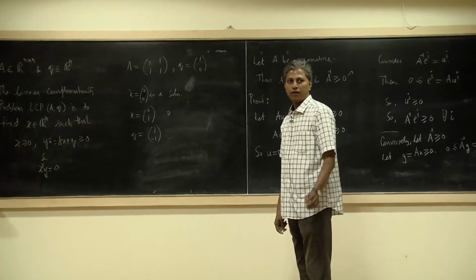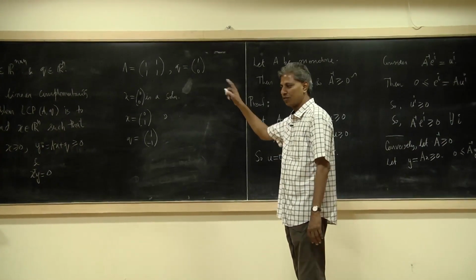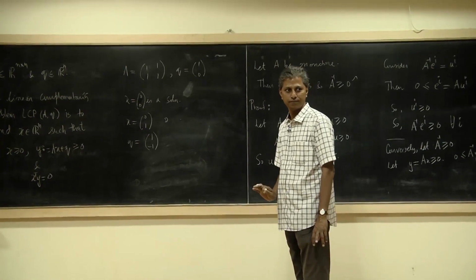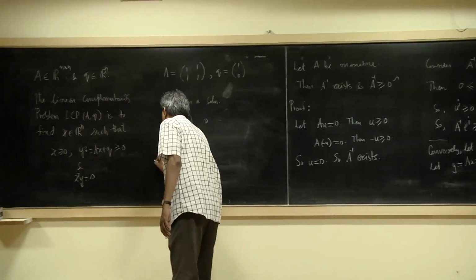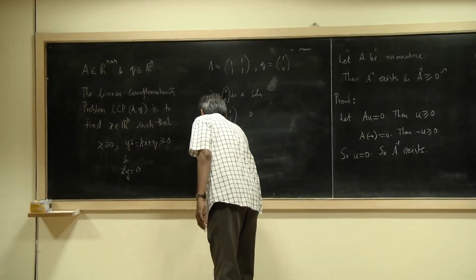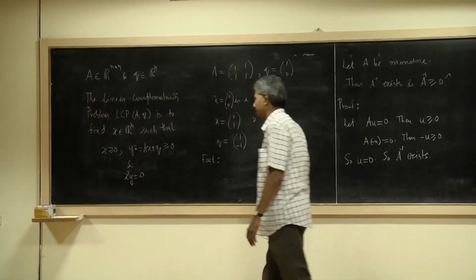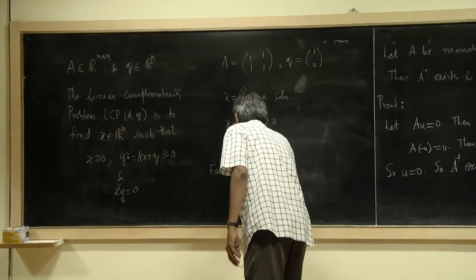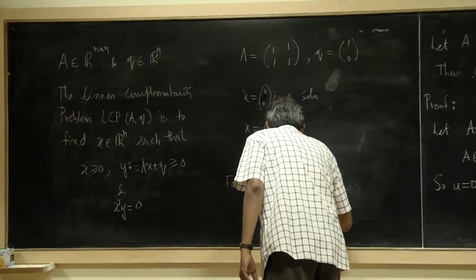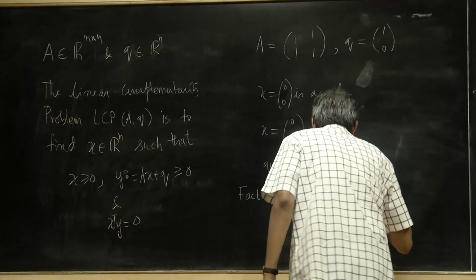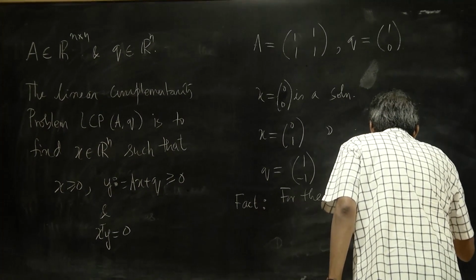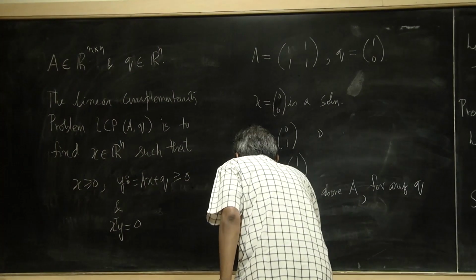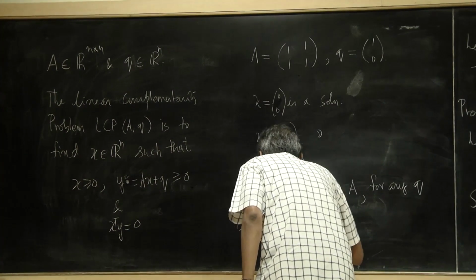But I can tell you this much. For this A, you take any Q, this problem has a solution. That comes from a theorem. So I'll write it as a fact which can be verified later. For the above A, for any Q, LCP(A, Q) has a solution.